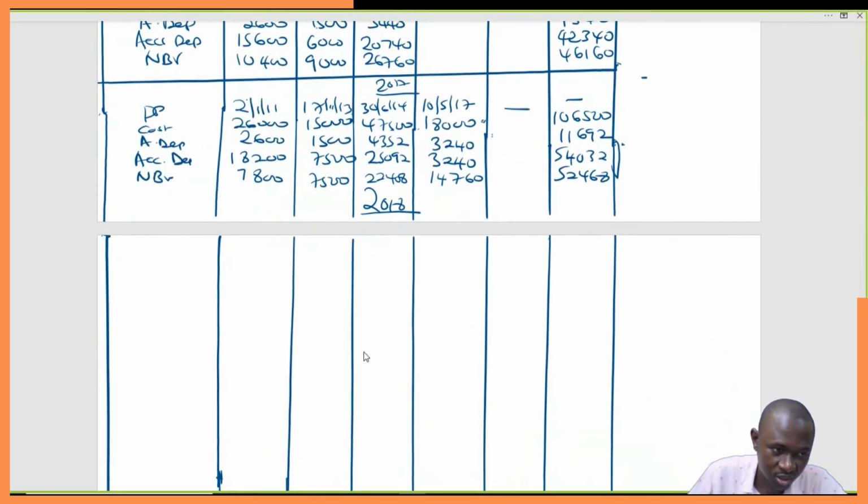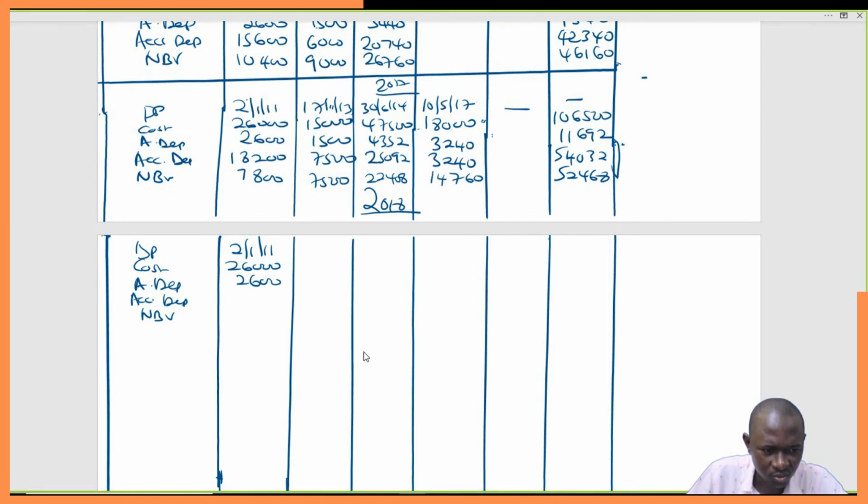So this is 2018. We repeat the same thing: annual depreciation, accumulated depreciation, and net book value for 2018. So this is 2111, 26,000, 2,600. 26 plus this, you should get 2,800.